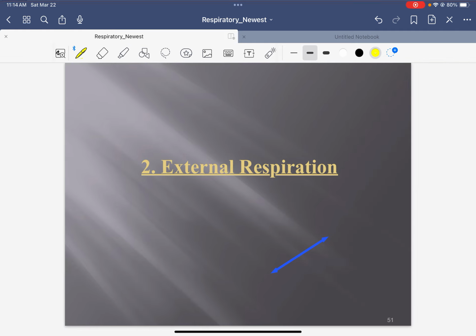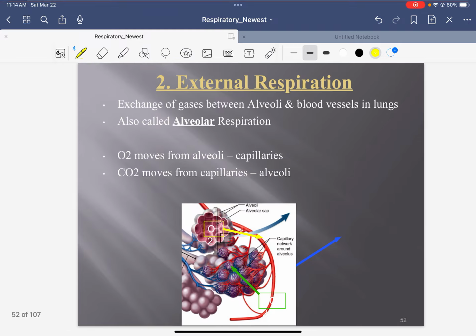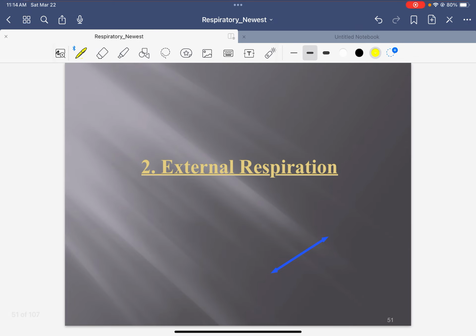Okay. So now we're getting down to our next big functions. So remember, I'm trying to present these in order. We talked about ventilation. Ventilation is the process of bringing air in. Well, after we bring air in and it makes its way all the way down through the respiratory tract, we have our first gas exchange.